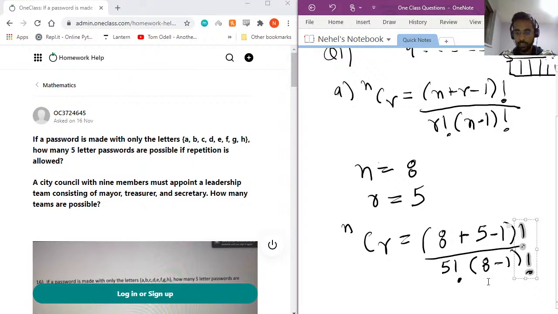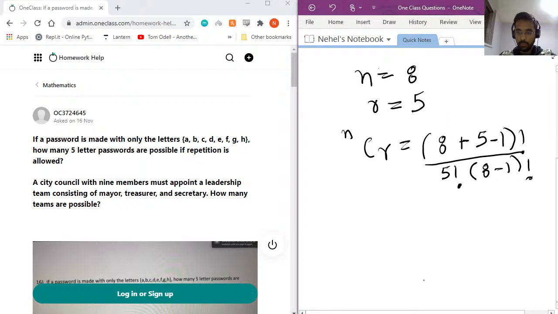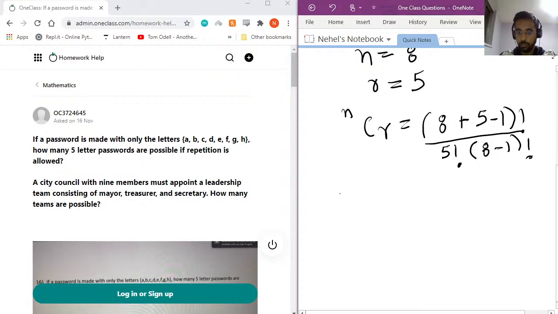One more thing which you can do, which will help you track your answer, is replace the n and r on the left side of the equation as well.